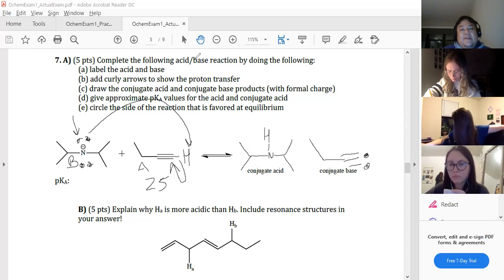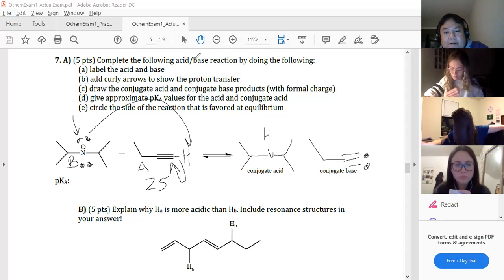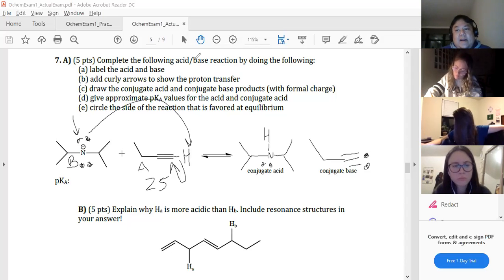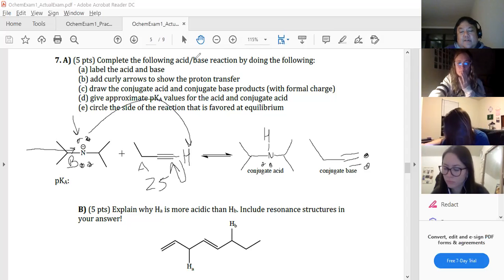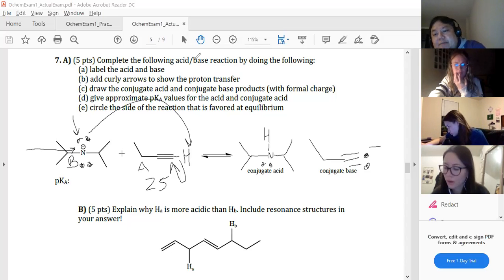What is missing from this compound? Oh, there's also a lone pair here. What's missing from my arrow pushing, one of the rules I gave you at the beginning? Always conserve the charge. Yep, so where does my negative charge belong? On my conjugate acid or my conjugate base? The base. Conjugate base, my negative charge is going to be on this carbon.